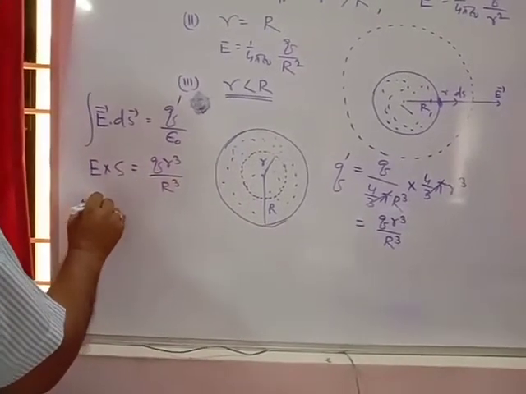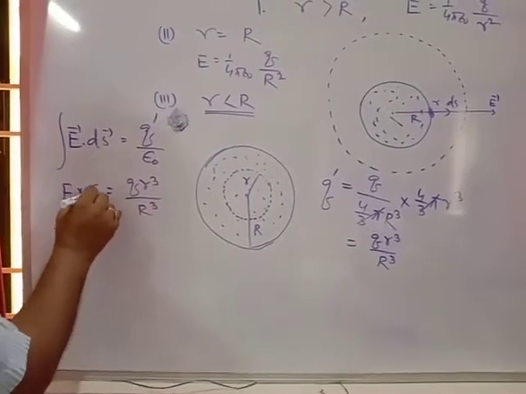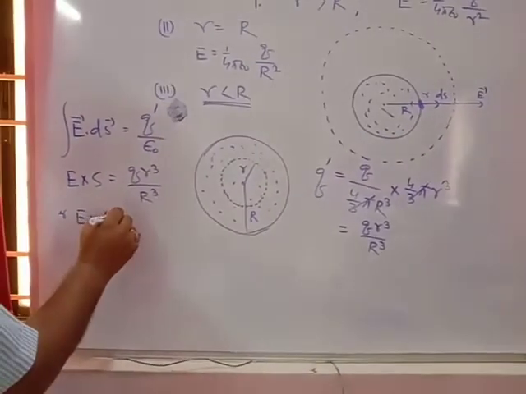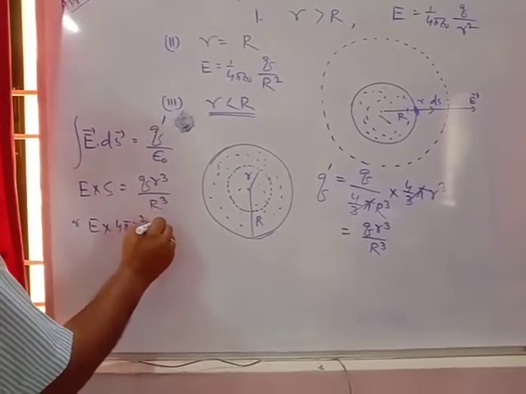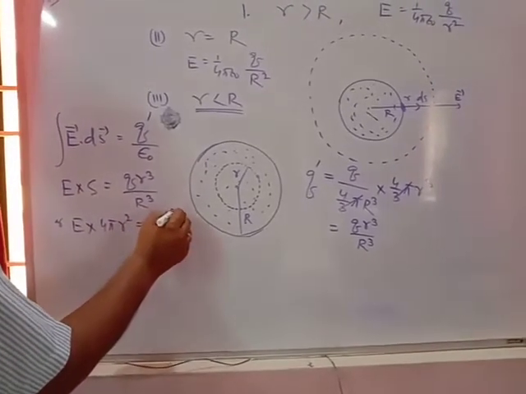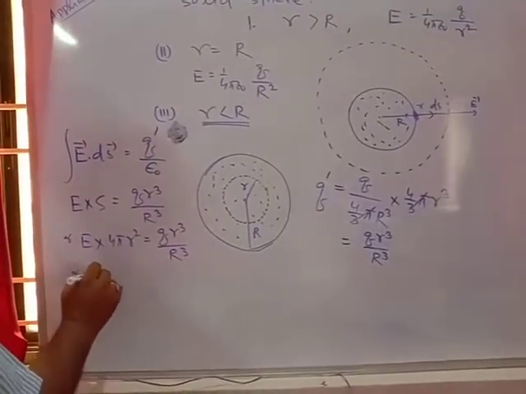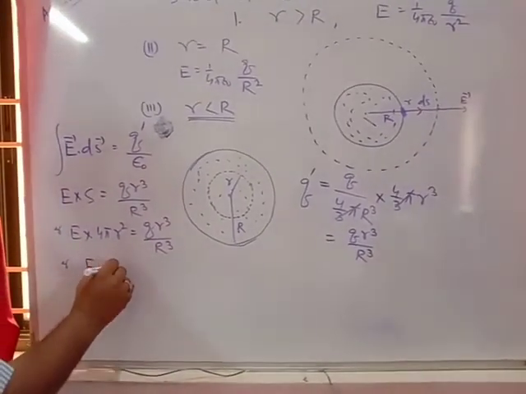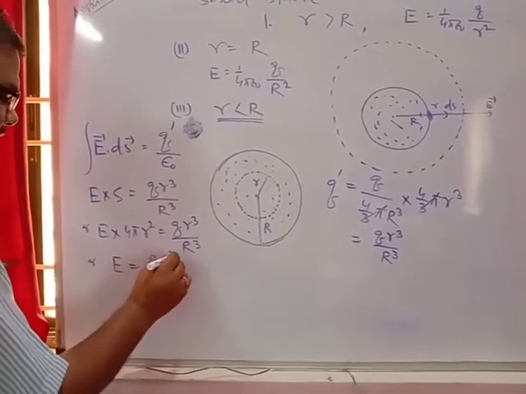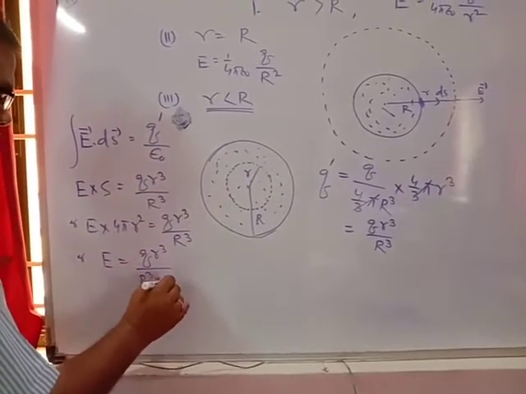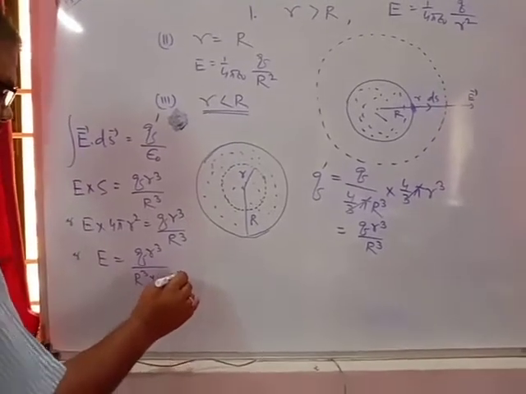What is the surface area of the Gaussian sphere? It is 4 pi r square. So E into 4 pi r square equals Q r cube upon capital R cube, or E equals Q r cube upon capital R cube into 4 pi r square.